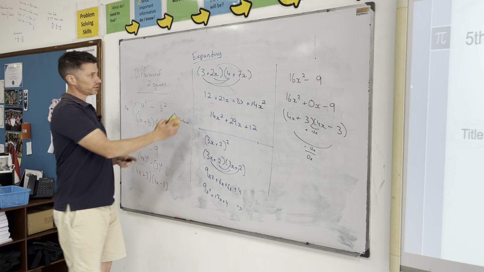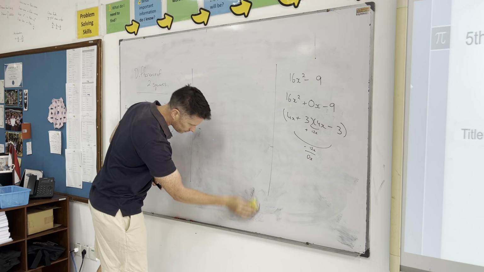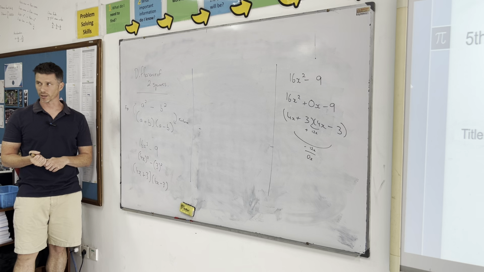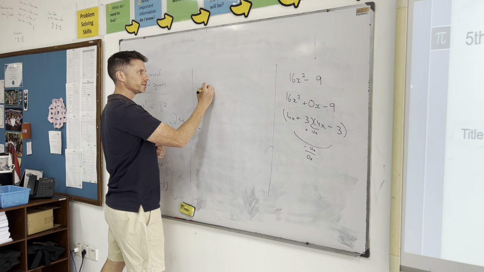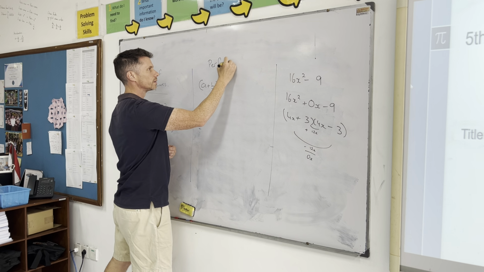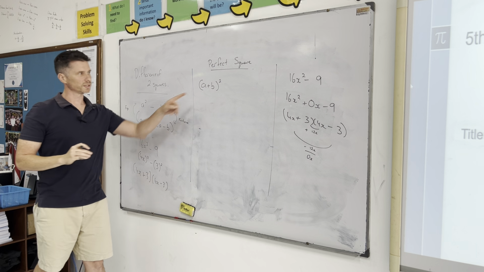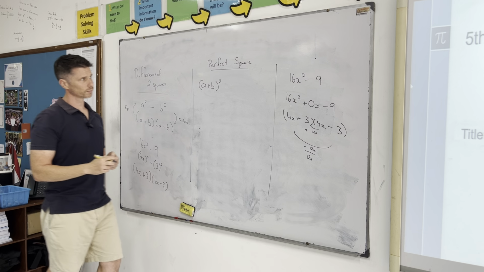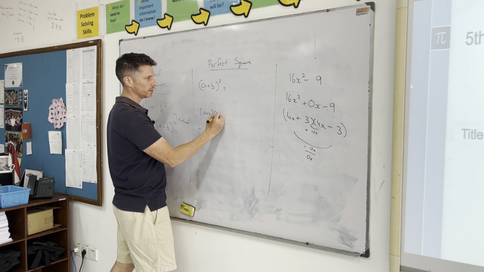All right, so these are special cases of expanding and factorizing. Another one is a perfect square. So what does this give when it's squared? Well, you could work it out. A plus b times a plus b.